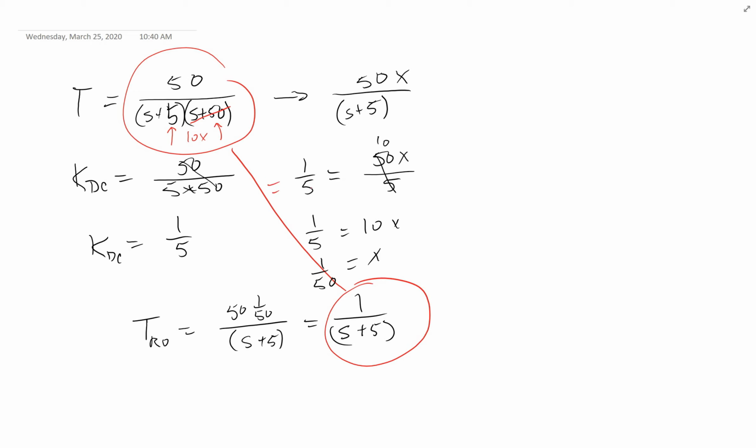They would be equal because they had the same KDC value, and our high frequency stuff is ignored. High frequency being frequencies or poles larger than our dominant poles, or our slow poles close to the origin. And that would be how you would go about working the problems on the homework. They're really pretty easy. Now remember, we're talking about closed loop poles here, closed loop poles. And so you want to make sure that you have that.